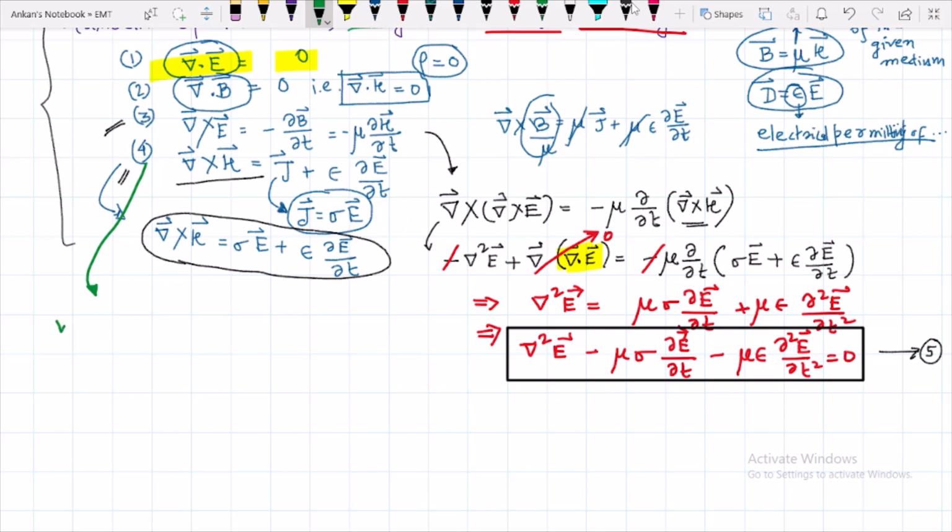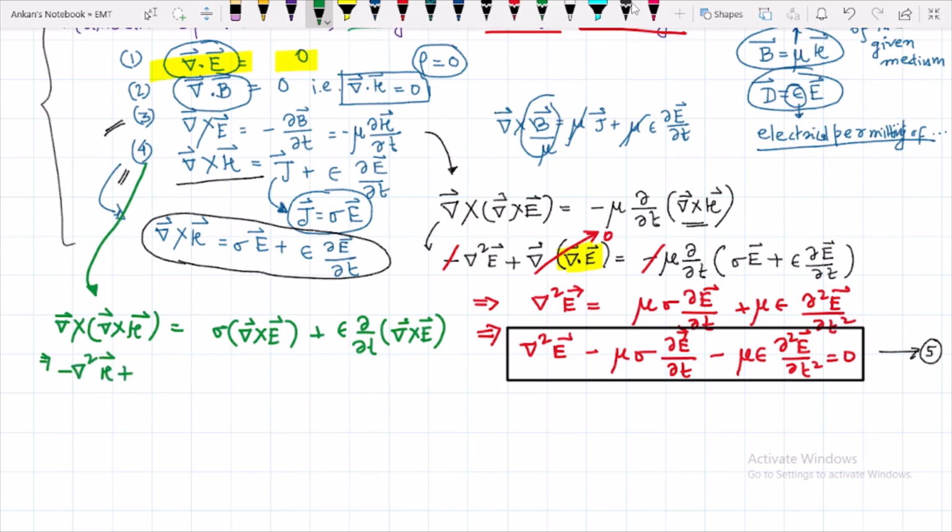Now let's proceed further for the case of 4. From 4 we can also take curl on both sides: curl of H means sigma into curl of E plus epsilon del T of curl of E. Now this can be written from the vector identity curl square H plus del of del dot H is equal to... what does the curl of E imply?